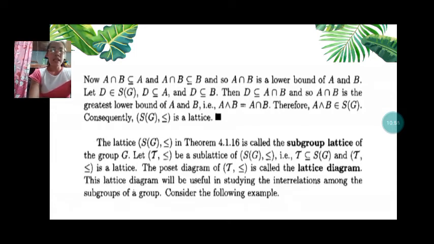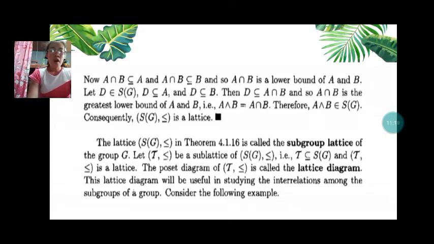Consequently, the set of all subgroups of G with ≤ is a lattice. So, it is a lattice.